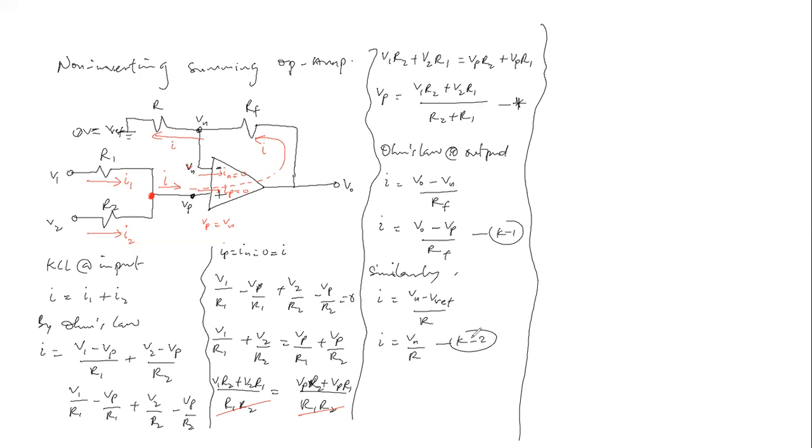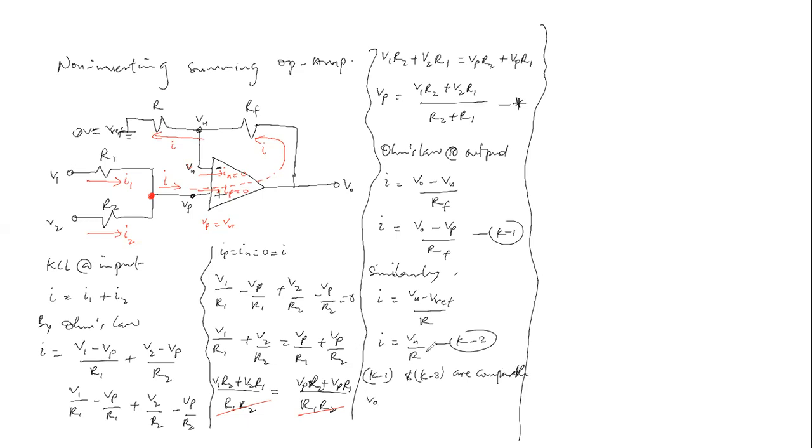Now, K1 and K2 are comparable because it's the same current flowing.